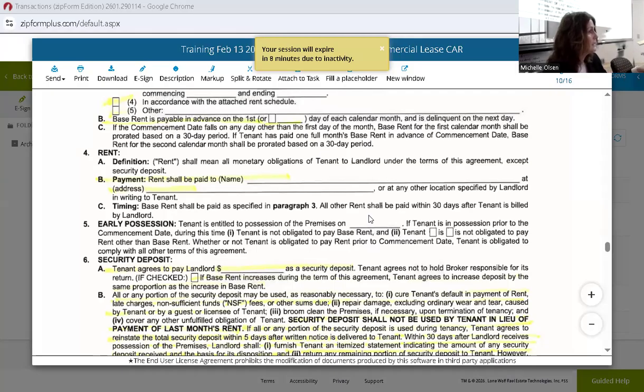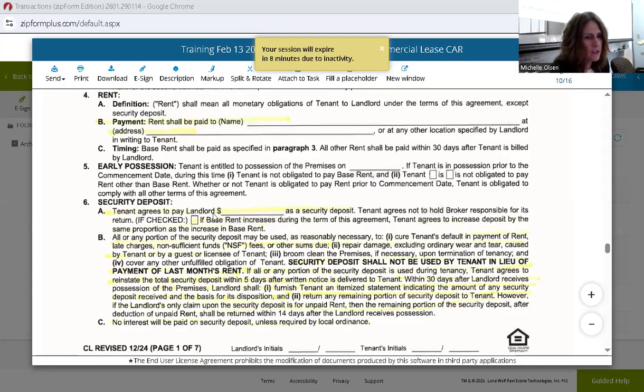You cannot release keys until you have that. That will cause a big problem. So if you are giving early possession, you must get that certificate of insurance. And I know this is silly to say, but this has to be fully executed first. We don't let people in without the insurance and a fully executed agreement. And what else? The money, okay? So that's when you can do an early possession.